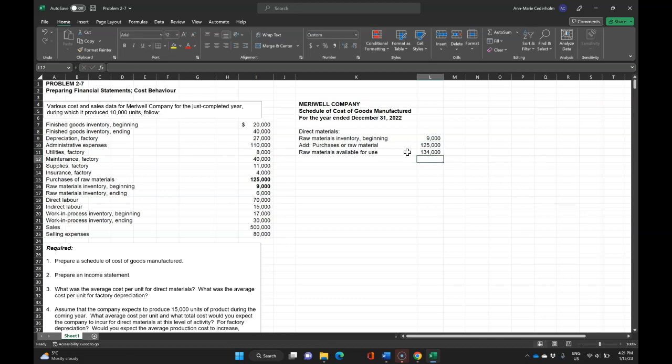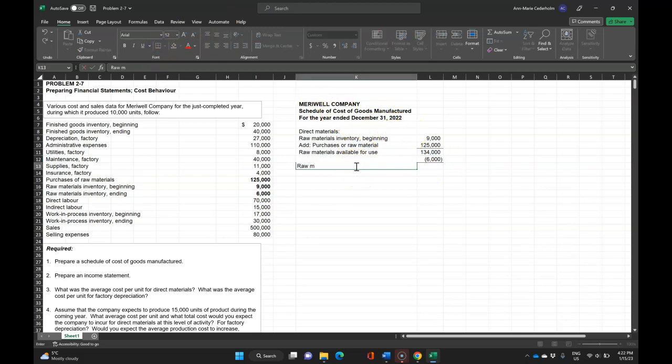And instead of putting my line like that, I'll just use the lines there. So I'm just using this box here. Now I'm going to subtract out my ending inventory, and that's the 6,000. And I will end up with raw materials used in production.